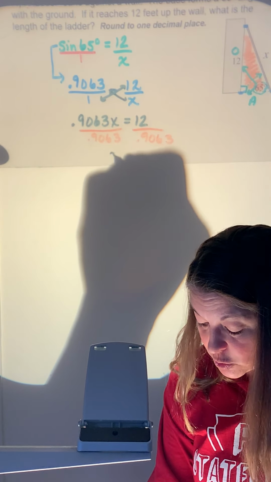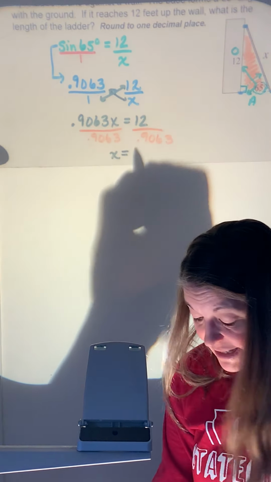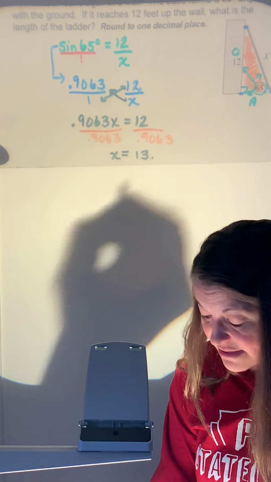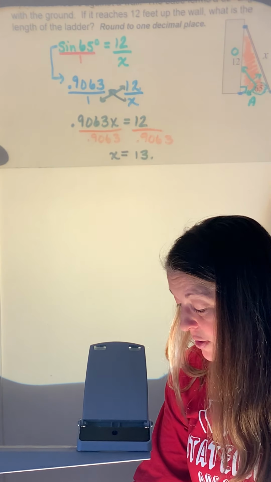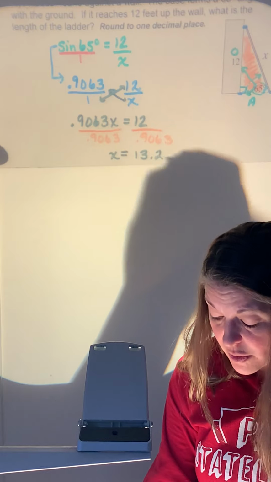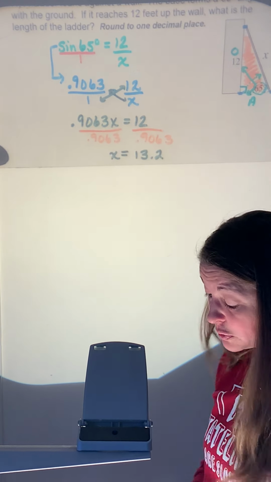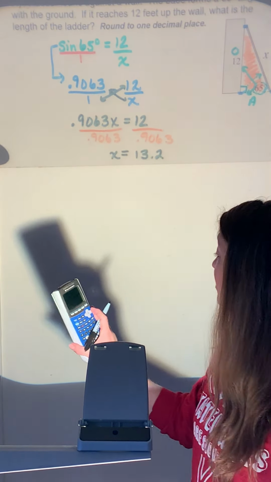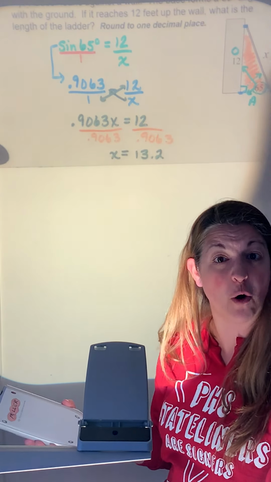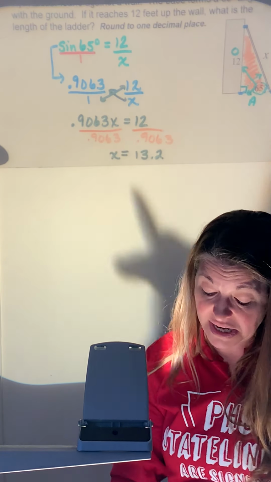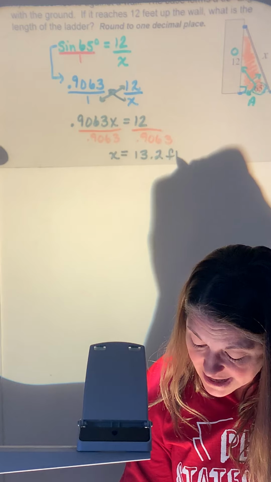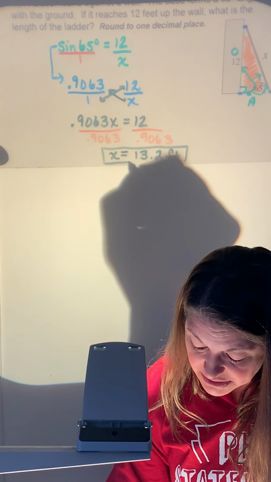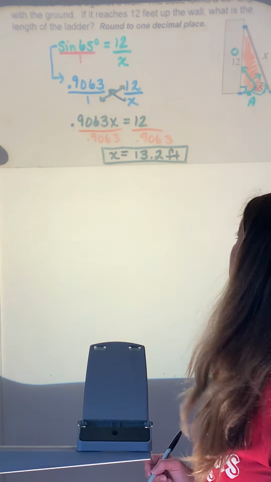I just want 1 decimal place, so I keep the 13, then the decimal place. The number after it is a 2, and it's going to stay a 2 because the number after the 2 is a 4. So 4 below, let it go. That means our ladder here is approximately 13.2 feet.